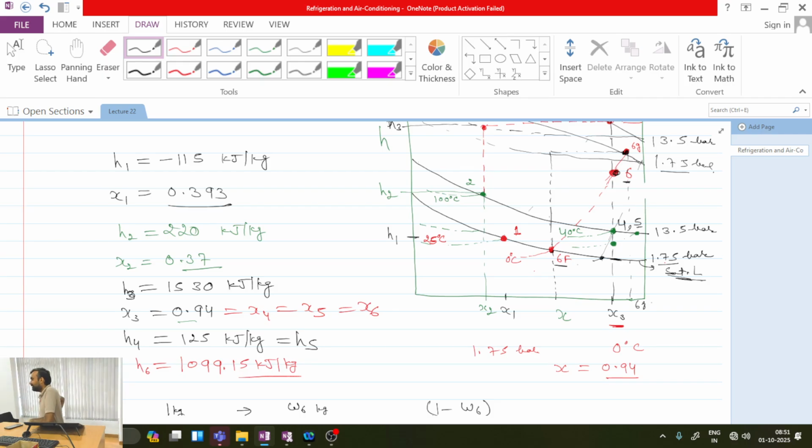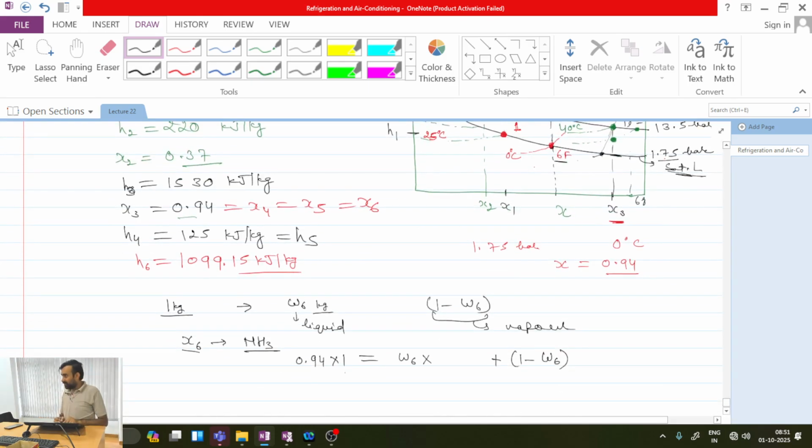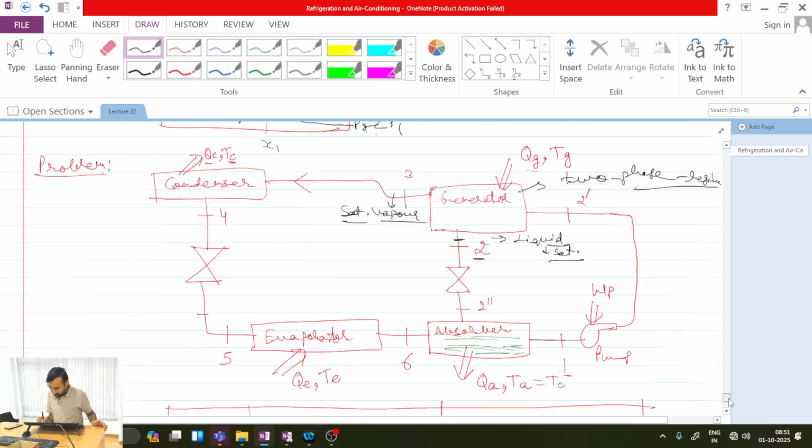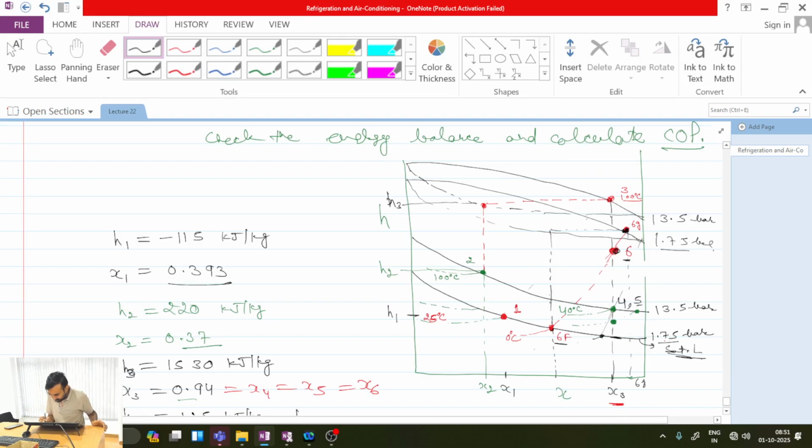And X6G? 0.995. Okay. So this is a mixture of liquid and vapor. At this isotherm, liquid corresponds to the saturated liquid point, and vapor corresponds to the saturated vapor point.